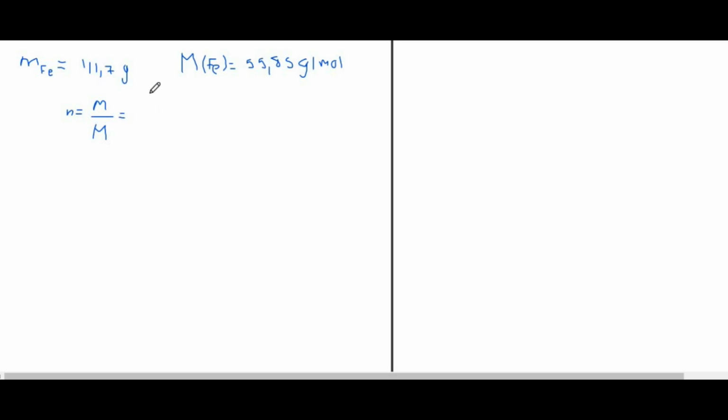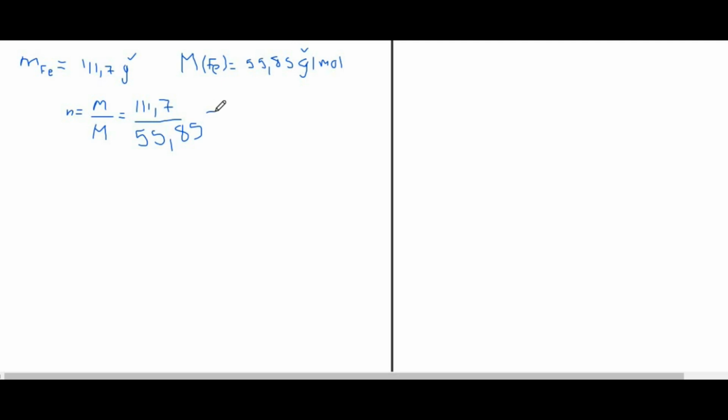So I know my mass here, it's given: 111.7. Then you divide that value by big letter M, which is 55.85.